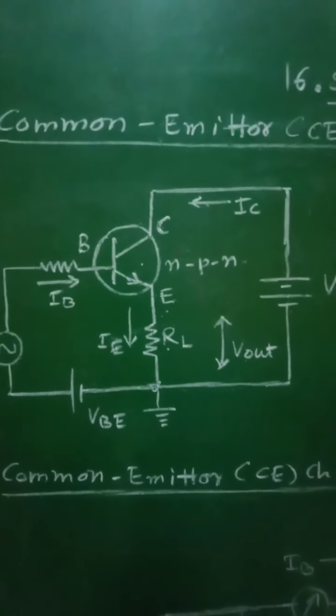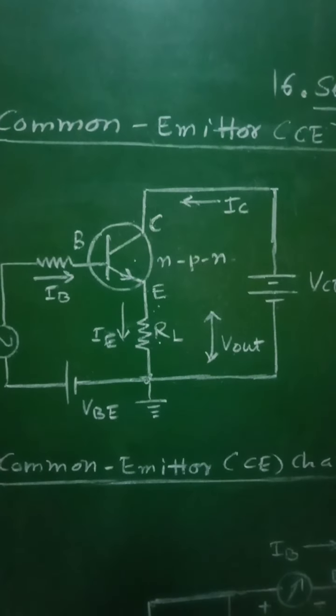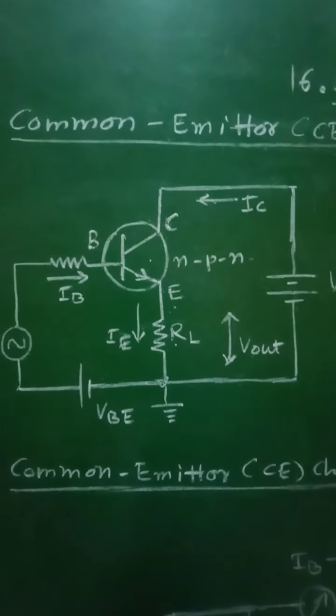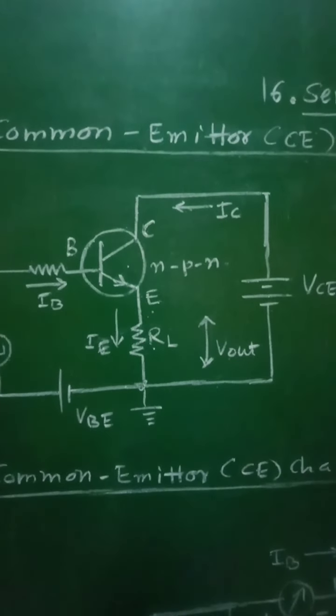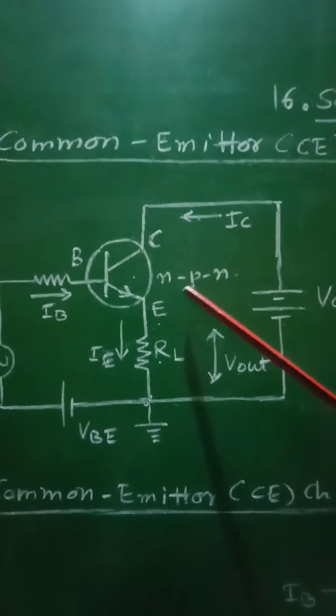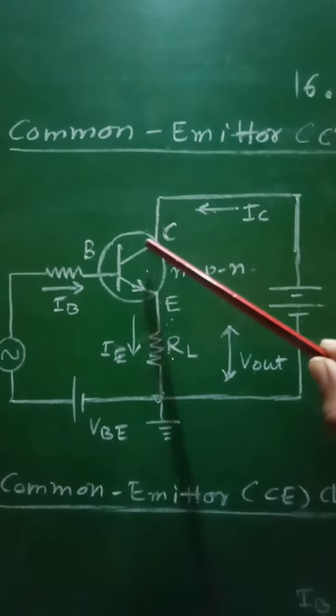So for the common emitter configuration, we will have to study how any transistor is connected in common emitter mode and how it will work. For that purpose, let us consider an NPN transistor having emitter, base and collector.